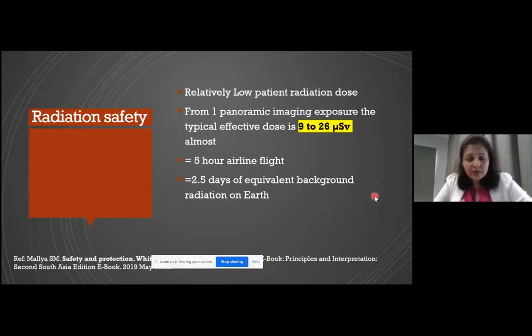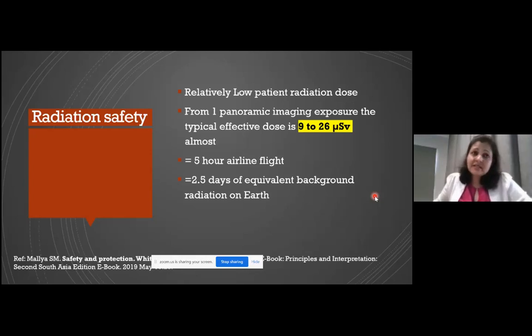So moving on and keeping with radiation exposure, what is important to understand is that panoramic radiography has a relatively low patient radiation dose. When we say relatively low, we're talking in comparison to a dental full mouth series of IOPs, versus a chest X-ray, or versus a CT scan.